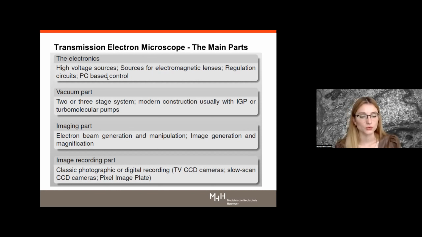The vacuum part of the transmission electron microscope is usually realized with different pumps.